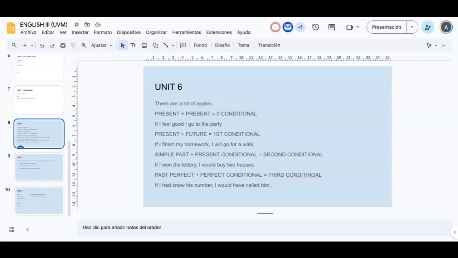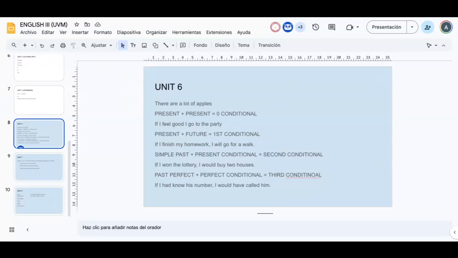So present plus future, and as Junwen said before, future means that something is possible in the future. Okay, then we go with the second conditional, simple past and present conditional. We are using here some verbs which are not connected with the present. So in this case, we are talking about possibilities. So from the second conditional to the third conditional, we are talking about unlikely situations, or definitely unreal situations, as in the third conditional.